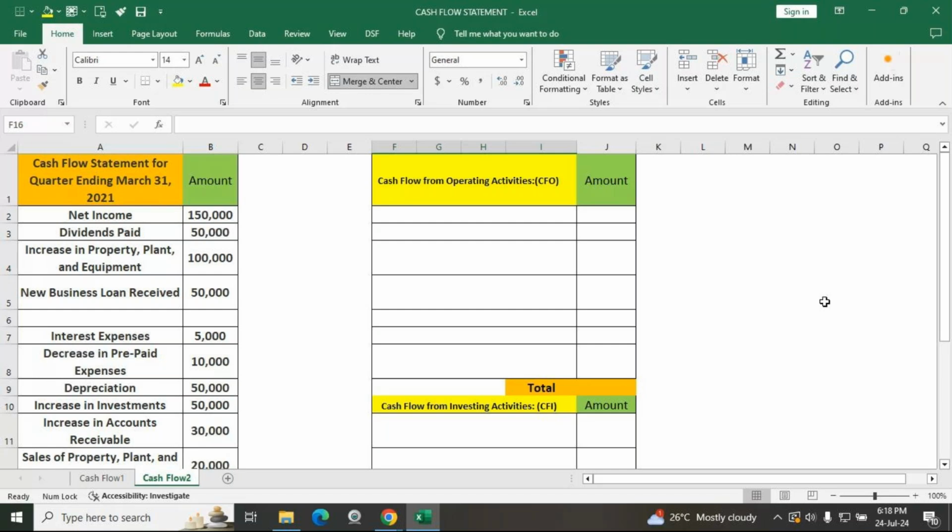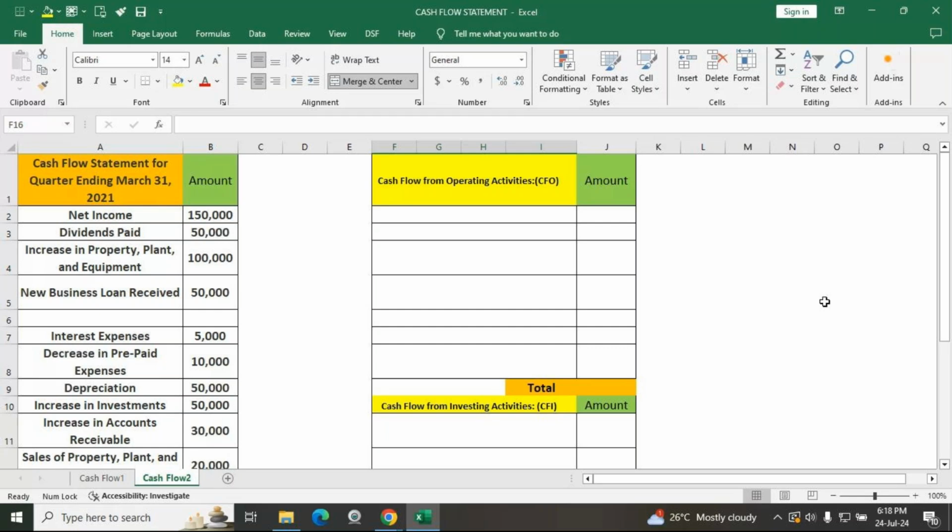One second. So see, I have shared it now. Yes, ma'am. Received. You have got it? Balance sheet and cash flow statement. Yes, ma'am. Received.